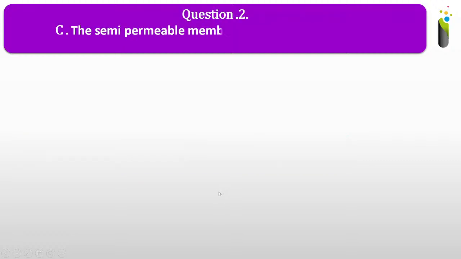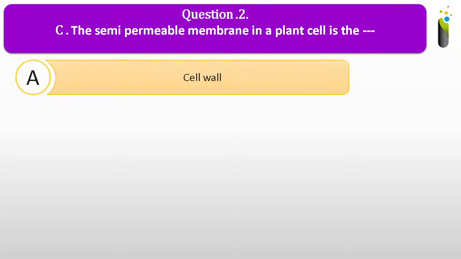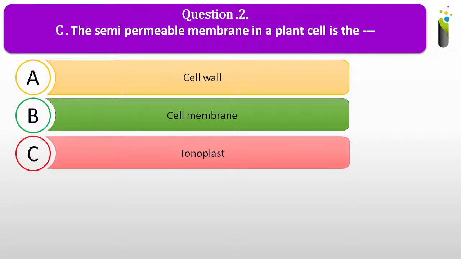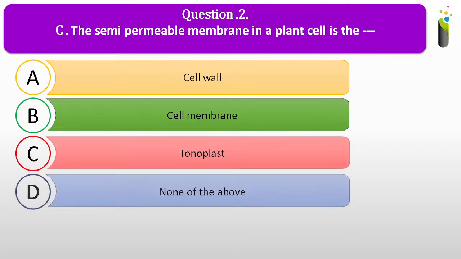Question number 2c. The semi-permeable membrane in a plant cell is the dash. A. Cell wall. B. Cell membrane. C. Tonoplast. D. None of the above.